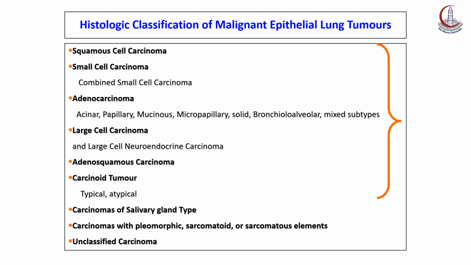The histologic classification of malignant epithelial lung tumors includes small cell carcinoma, squamous cell carcinoma, adenocarcinoma, large cell carcinoma, combined adenosquamous carcinoma, carcinoid tumor typical and atypical, carcinoma of salivary gland type, carcinomas with polymorphic, sarcomatoid or sarcomatous elements, and unclassified carcinoma.